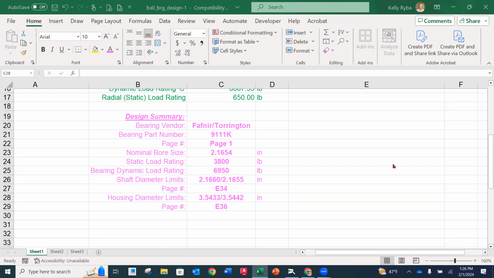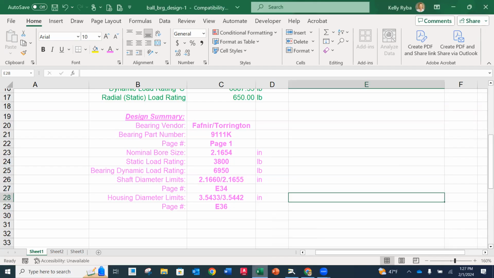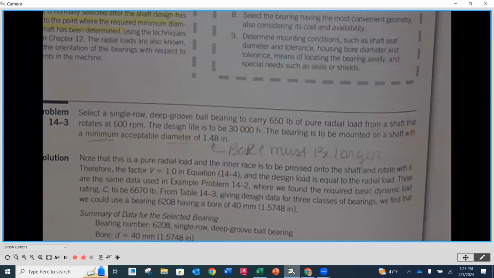Yeah, I got a question actually. When you did the housing diameter limits, I noticed that you picked your numbers from the housing stationary load, that first column. I might have missed why, but could you explain why we wouldn't follow? Absolutely.